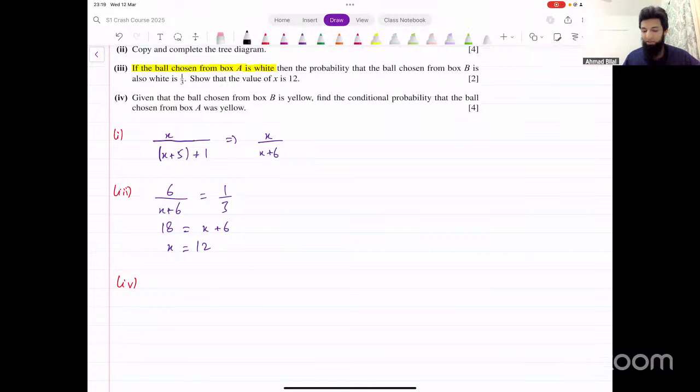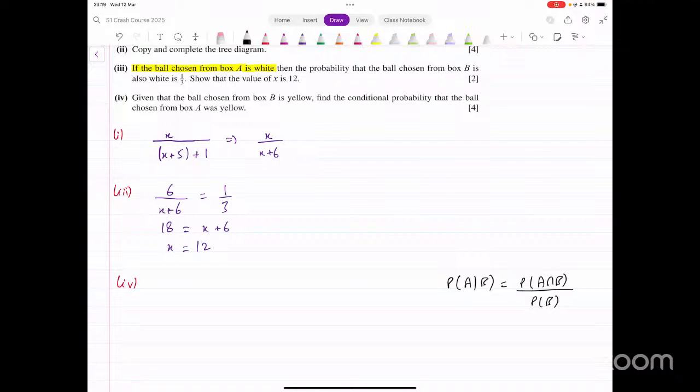Let's write down the conditional probability formula on this side. This was the formula, probability of A given B, that's equal to probability of A intersection B divided by probability of B. Or we can just understand this in words. In the numerator, we have the probability of both of those events happening at the same time. And in the denominator, we have the probability of the given event. Okay.